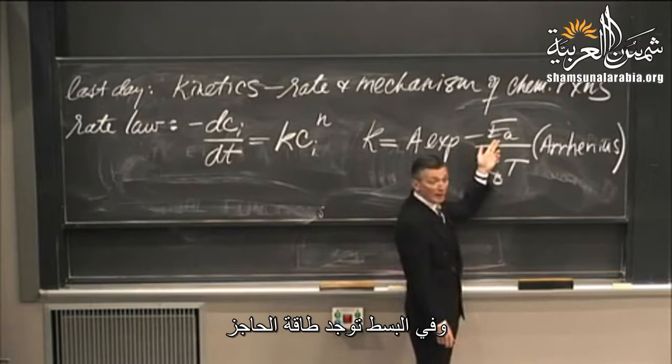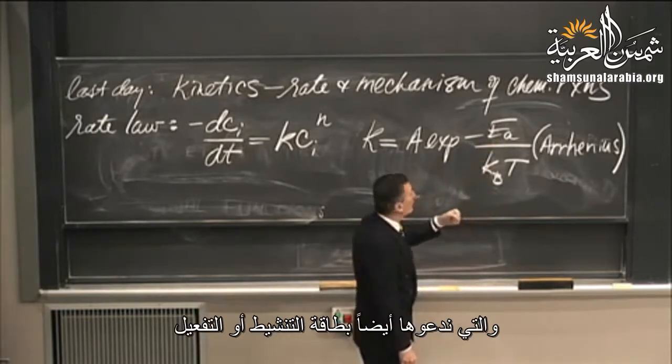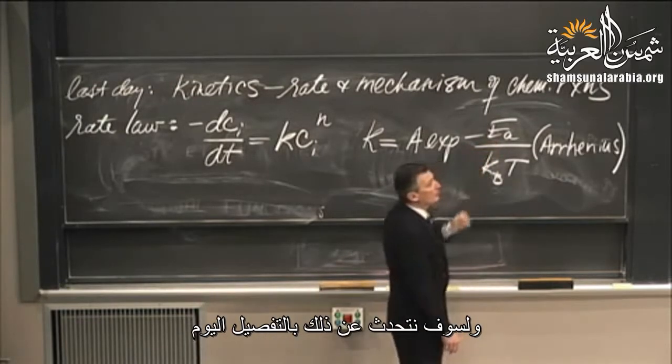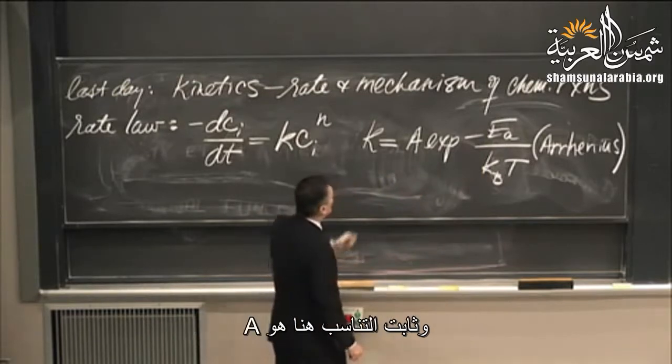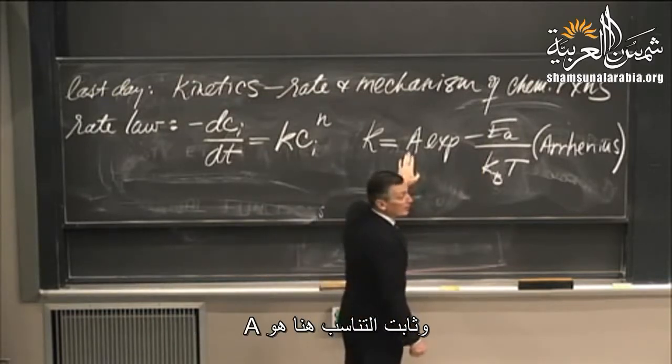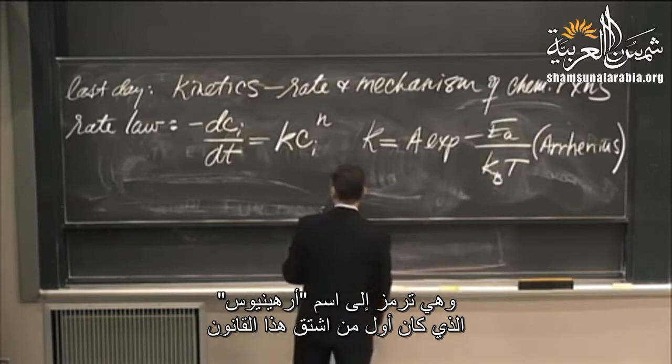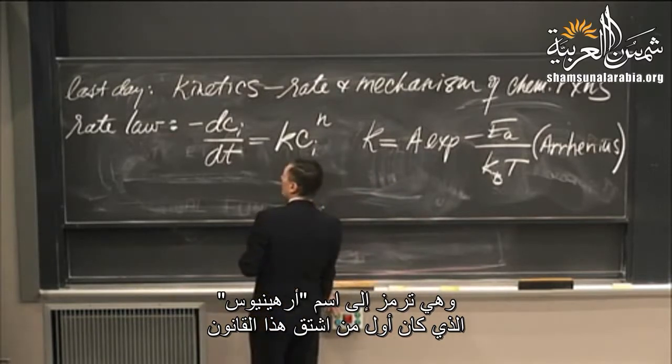And in the numerator we have a barrier energy, which we call the activation energy. We'll say a little bit more about that today. And the constant of proportionality out here is A, in honor of Arrhenius, who first enunciated the law.